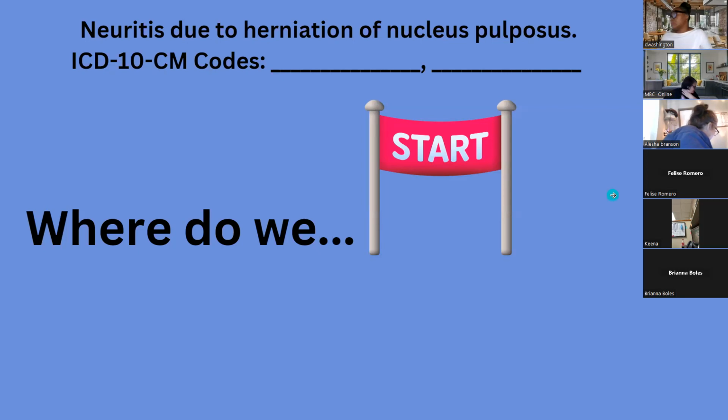Brianna, do you have your G55? Yes. Go ahead and read. G55: nerve root and plexus compressions in diseases classified elsewhere.